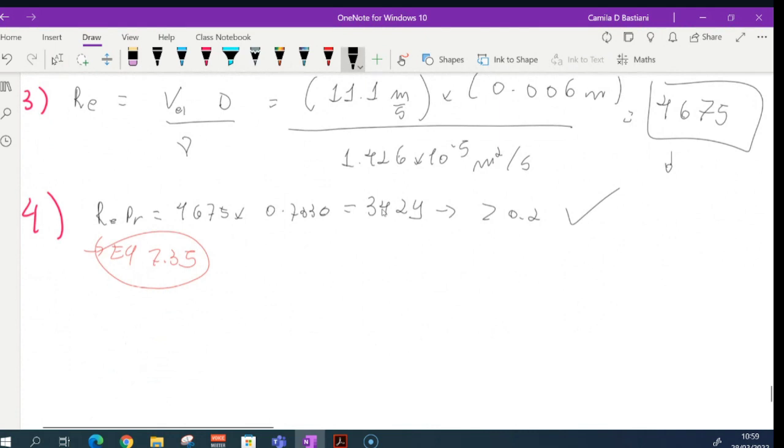I'm just going to write the relationship here, and we're going to finish later. I think this is one that we used in the lab, Churchill.